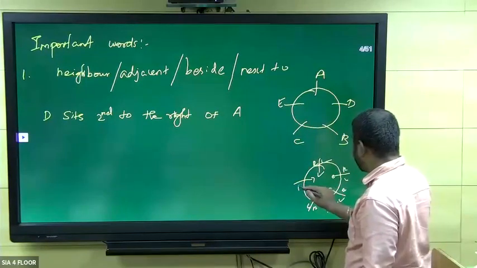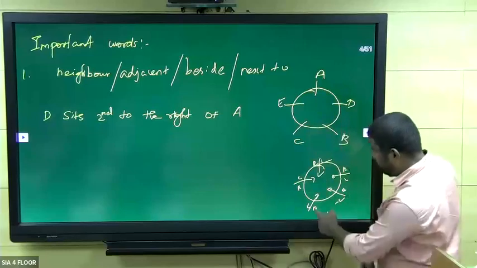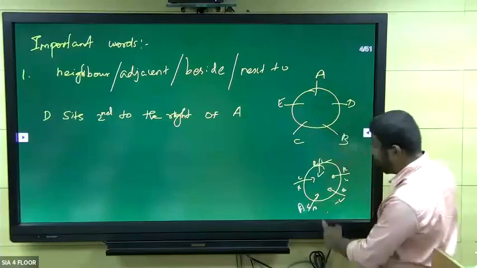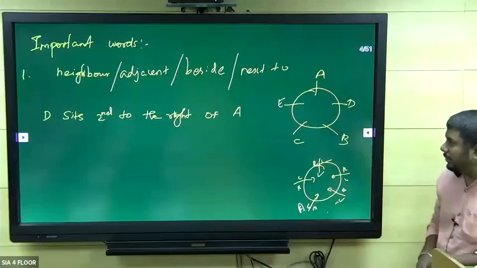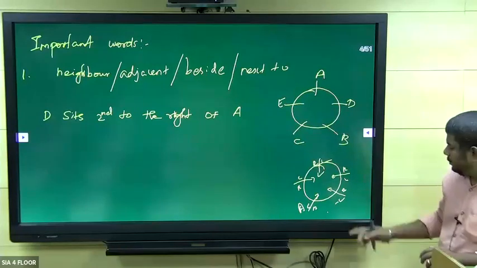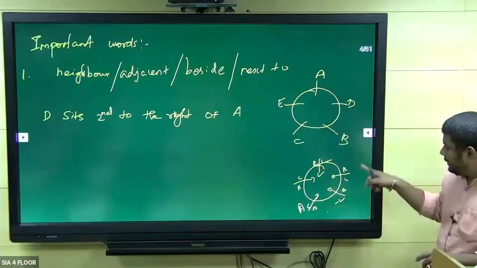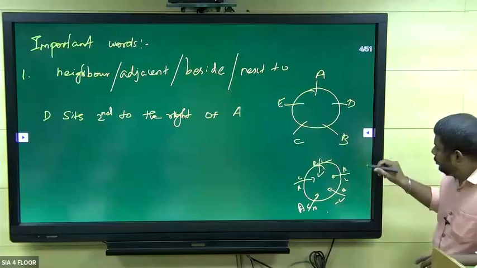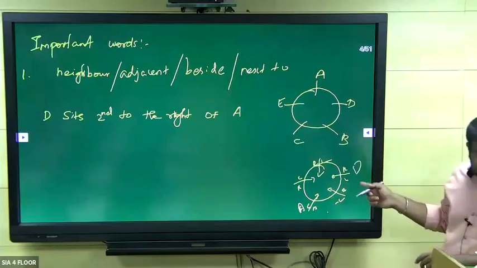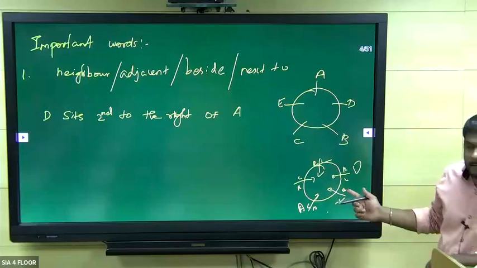Now I'm going to assume A here. D sits second to the right of A. So this is A, and the right side is this direction. So 1, 2, D will come here. Is it correct?